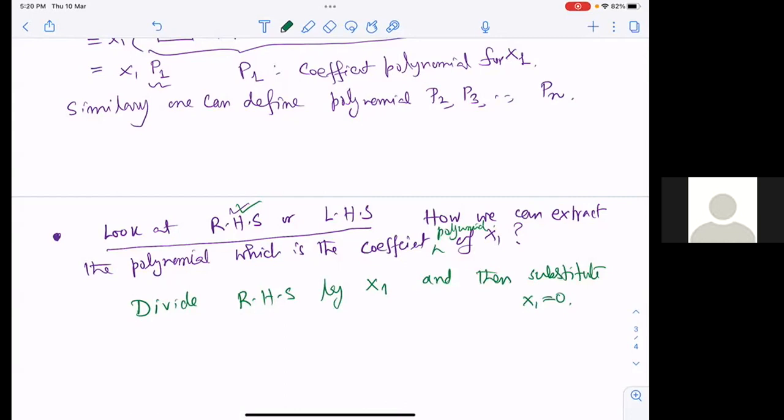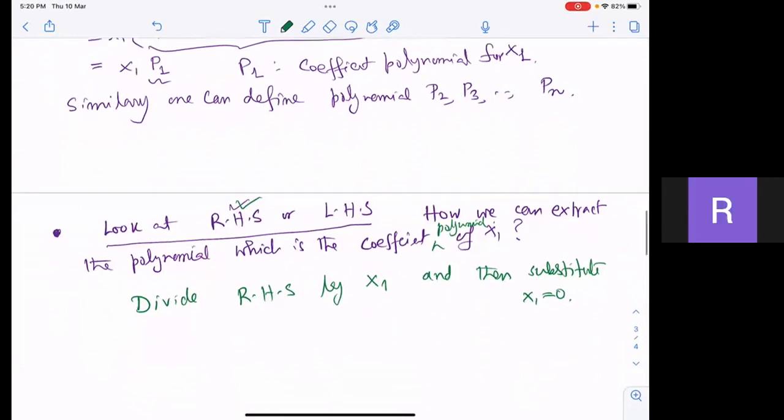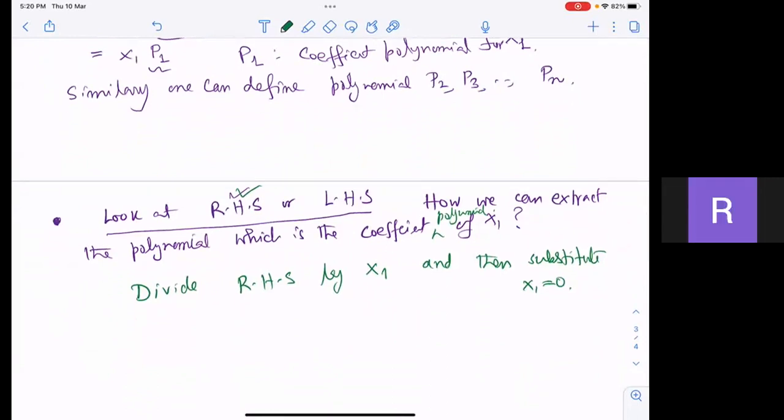Okay, are you sure about what I am saying? Is it okay? Yes, sir, it's clear. Okay, fine. So when we substitute 0, the terms where x1 appears multiple times will vanish. Only the terms where x1 appeared once survive after dividing by x1, because nothing is substituted by x1 equal to 0. We want those terms to vanish where x1 appears multiple times.